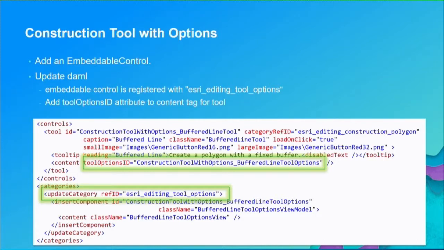We give it an ID, and we use the familiar MVVM patterns, so the view model as the class and the container for the UI component as the view. Then with the component that we have defined here, we're adding that on top of our tool, onto the tool options ID tag. That makes the link, so once the tool is activated, it knows how to pull the right component.